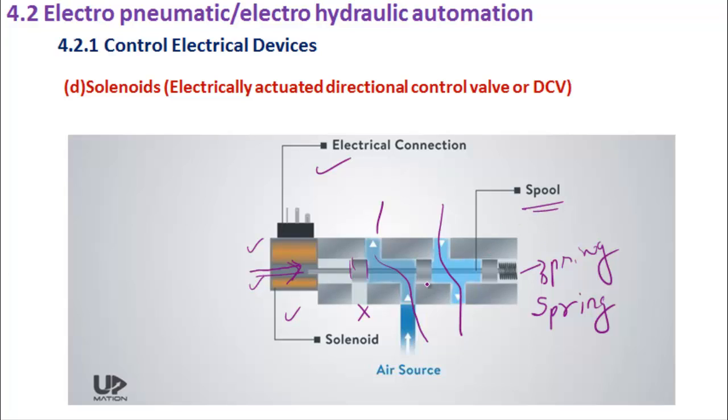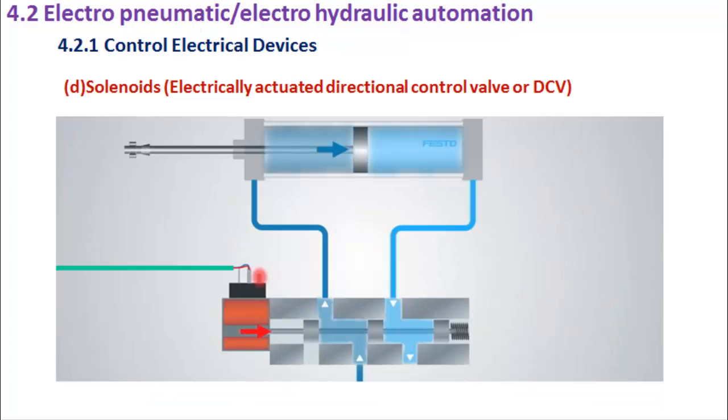This is the spool. It has pushed the spool in such a way that now these ports are open to pass the air if it's a pneumatic system, and pass the oil if it's a hydraulic system. Okay, now when we pass the oil, what happens in that?